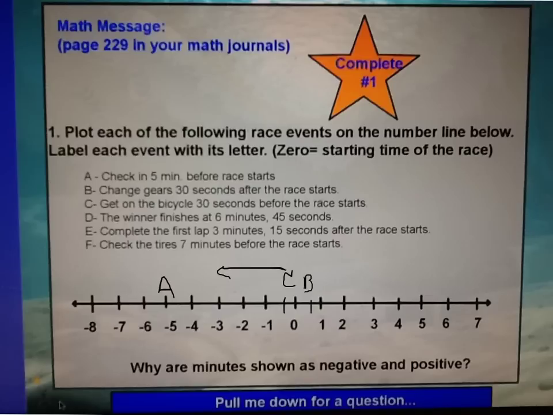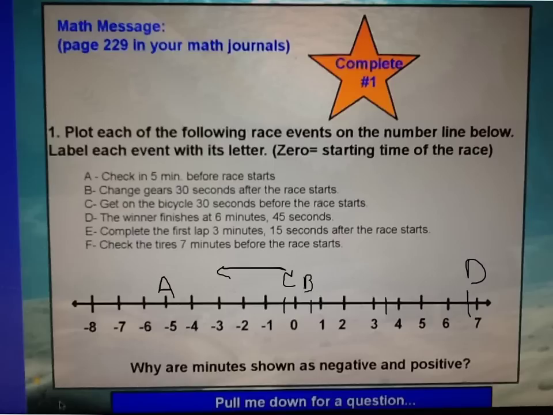It says the winner finishes at 6 minutes and 45 seconds. Well, you're going to start after the race has started, and so they're going to be of a positive amount, which is going to be in between the 6 and the 7. It says that to complete the first lap 3 minutes and 15 seconds after the race starts.